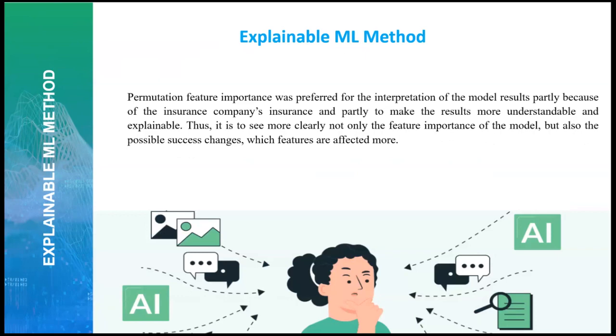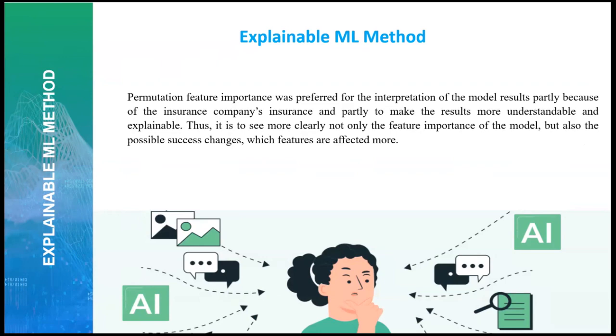After that, we determined how to make these ML methods explainable. We used SHAP values or libraries, but they are not explainable enough for this study. The feature importance of the model is not explainable enough for the model evaluation.